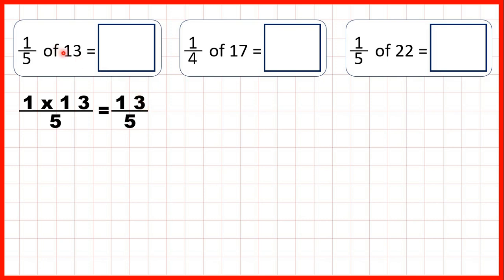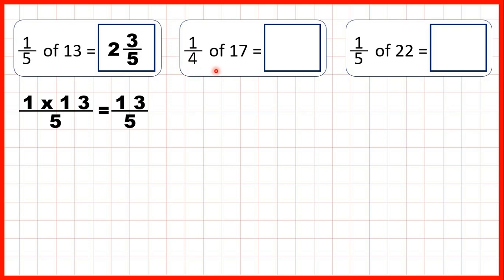So we're doing the same thing, dividing by the denominator, but we've just represented that division as a fraction. So 13 divided by 5 is 2 remainder 3, and the denominator stays the same. So 1/5 of 13 is 2 3/5.